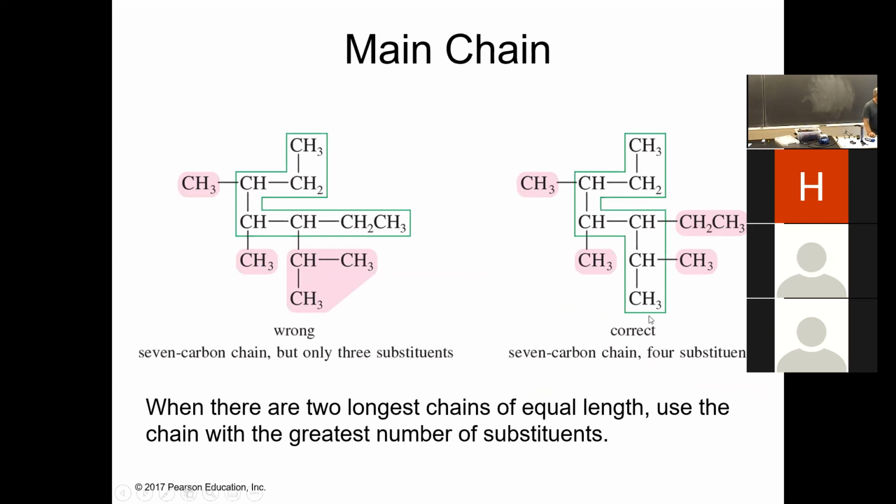Okay, when there are two longest chains of equal length, we want to use the chain that has the greatest number of substituents. Okay, so these represent the same compound, but this would be the correct representation of the main chain and the substituents.